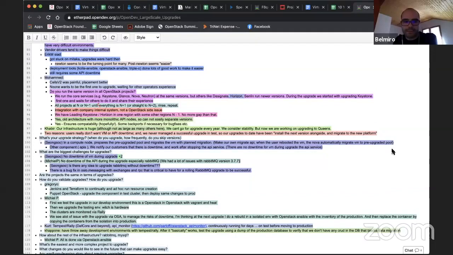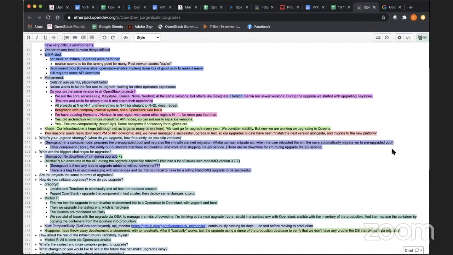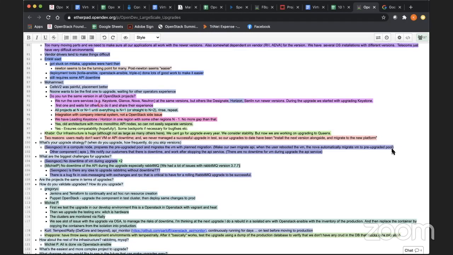Is there any algorithm or something to calculate how many nodes I need depending on my physical servers? Like if I have 10 servers, how can I distribute the compute and controller? How can I decide the number of controllers and the number of other services, and how can I distribute them between the servers?